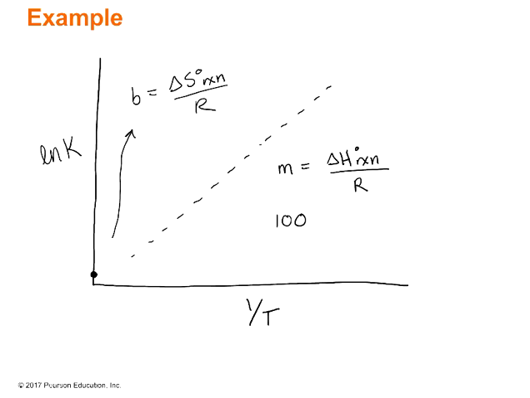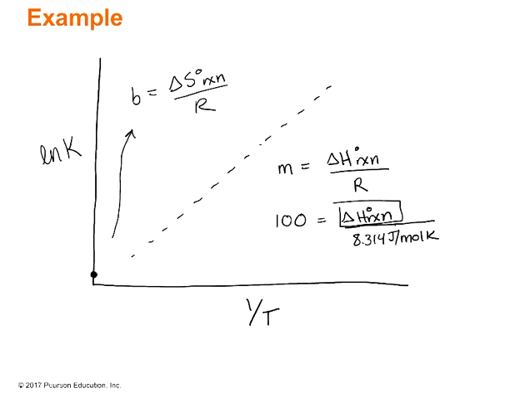I don't know. We'll just set it equal to that. We can always rearrange the relationship here to solve for delta H of the reaction. And we could do the same up above for the y-intercept in order to solve for the entropy change of a reaction.